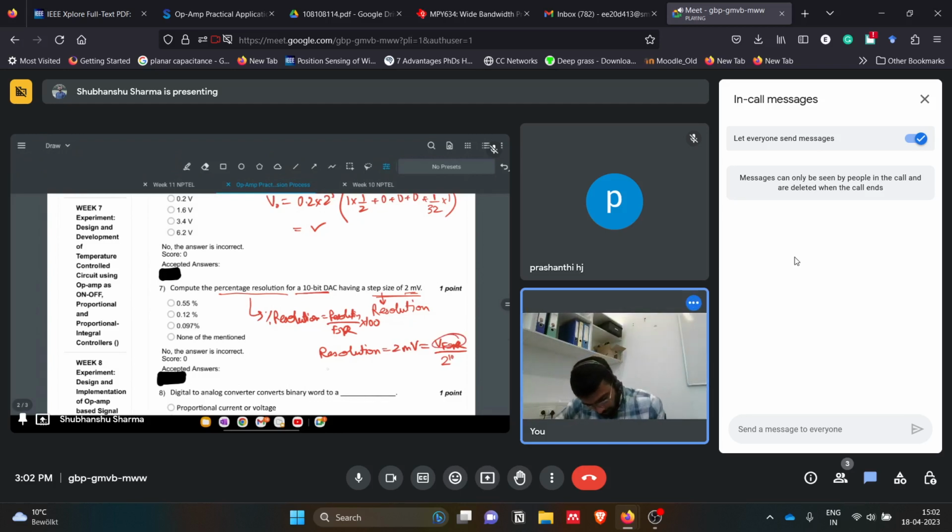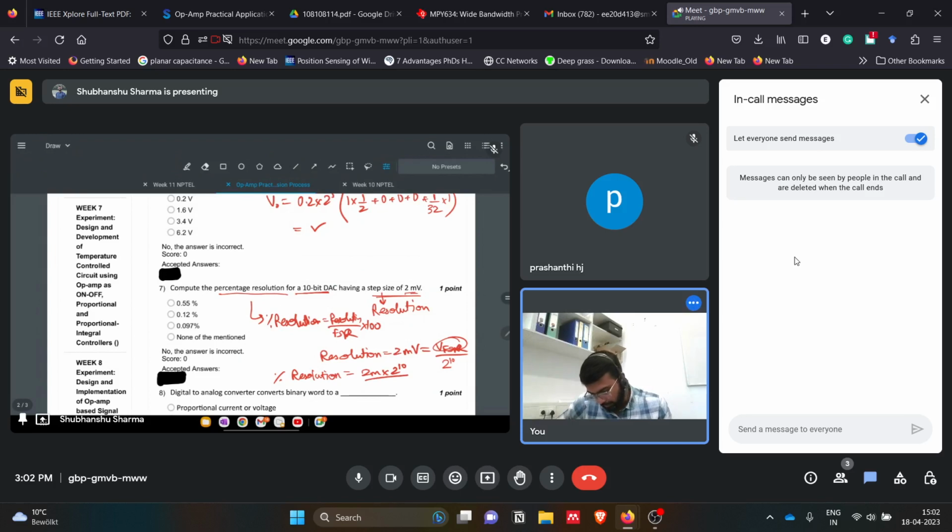So the percentage resolution will then be equal to, sorry, this is 2 milli into 2 to the power 10 at the denominator, because the FSR value is this one.